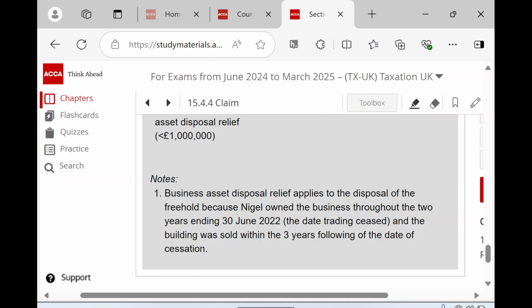Okay, so this is a sort of a little side area, isn't it, of BADR, where you've got a business ceasing and indeed an asset being sold. Now, again, as I've said within all reliefs, and you're sick of listening to me, we've got to rote learn the conditions. That's our first port of call. You know, understanding the questions and the answers comes with a little bit of time. Okay?